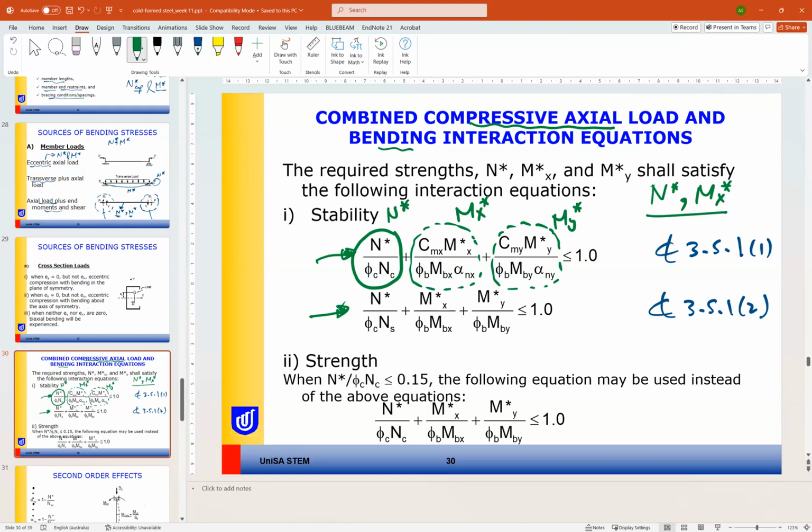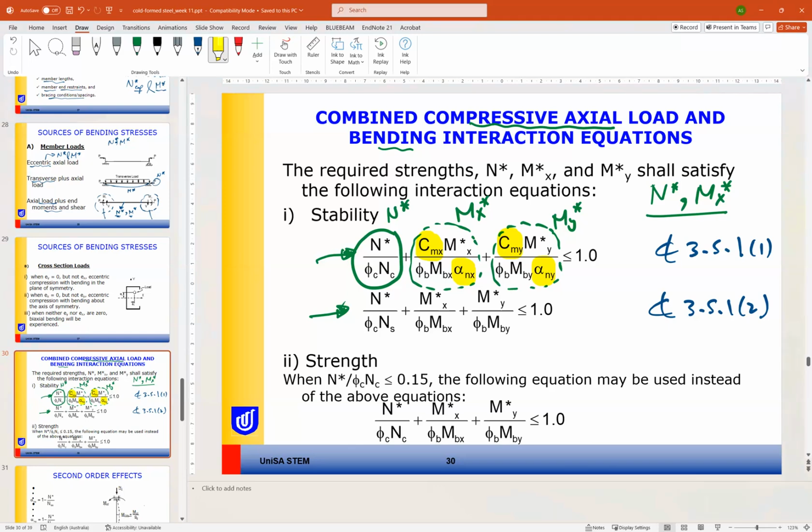But if you have N asterisk, Mx asterisk, and My asterisk, this is our formula. As you can see here, we have these parameters, Cmx and alpha nx, and alpha nx and alpha ny.